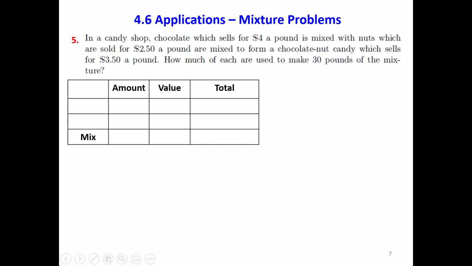sold at $2.5. Then if the chocolate and nuts are mixed, he wants to sell the mix at $3.5 a pound.